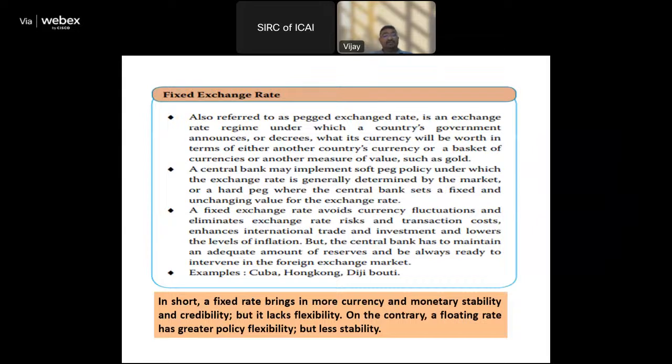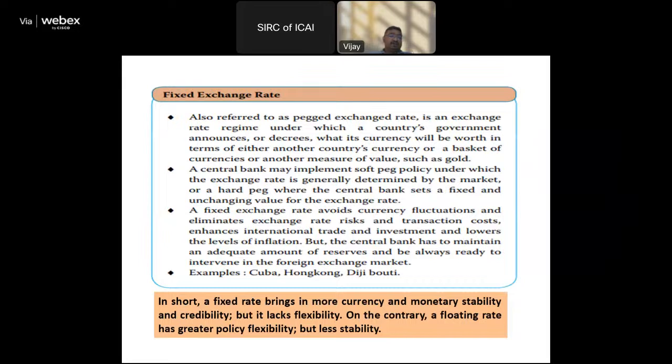But the floating rate regime has greater policy flexibility, but less stability. The objective of the central bank is to maintain the value of the rupee, which is impacted on account of demand and supply of forex.